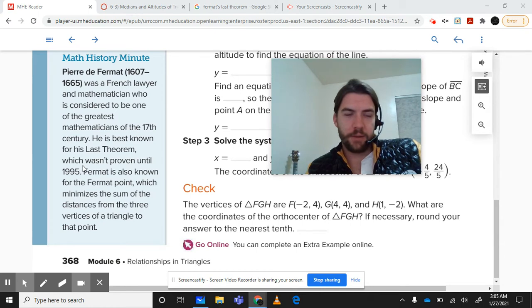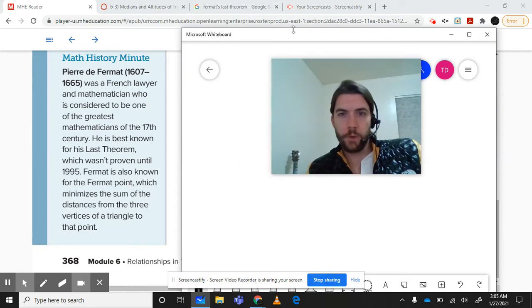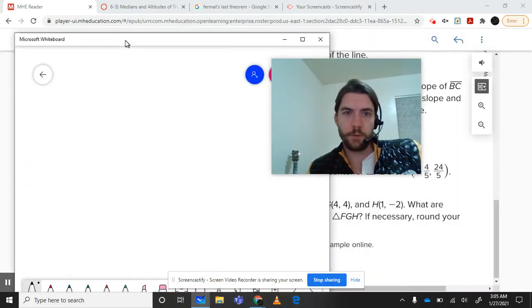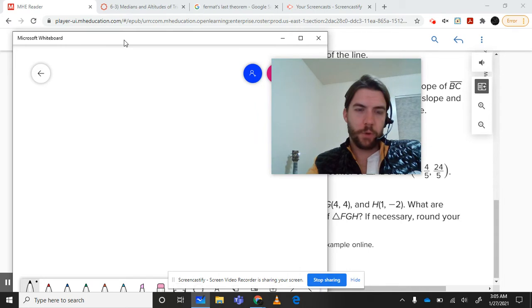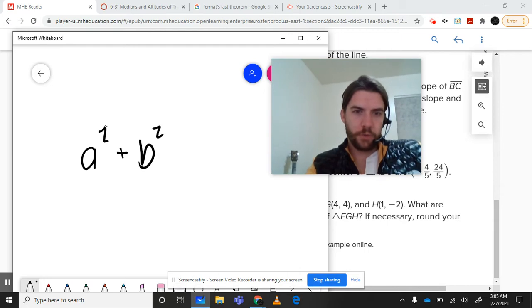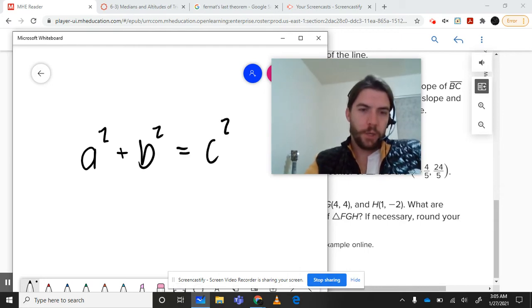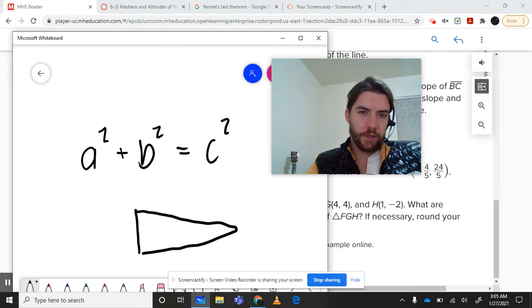Now, Fermat's last theorem, when I looked it up, I would sort of connect it to a squared plus b squared equals c squared. When we say a squared plus b squared equals c squared, we are specifically talking about right triangles.